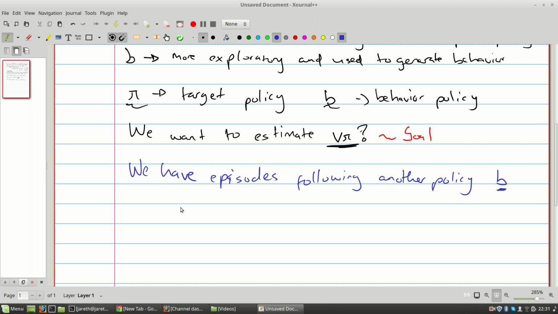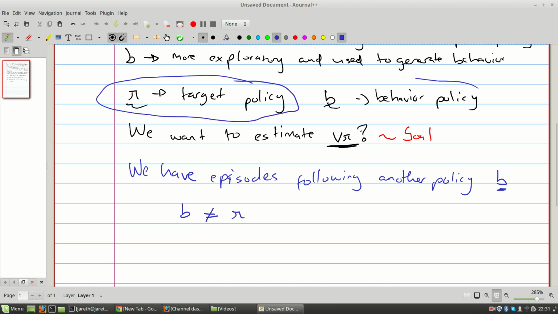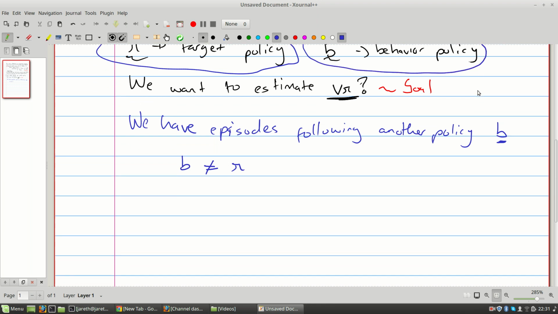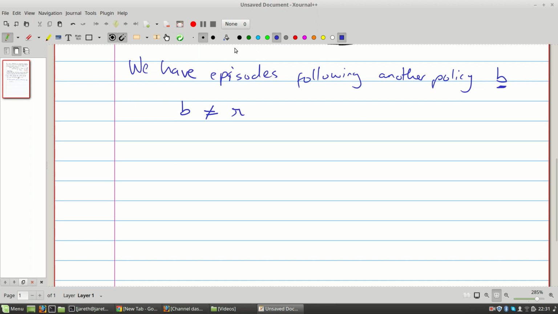And the idea here is that B is not equal to pi, so they are different policies, where pi is the target policy and B is the behavior policy, right? This is essentially where we are right now. So we want to use episodes from B in order to estimate the values for pi, right?